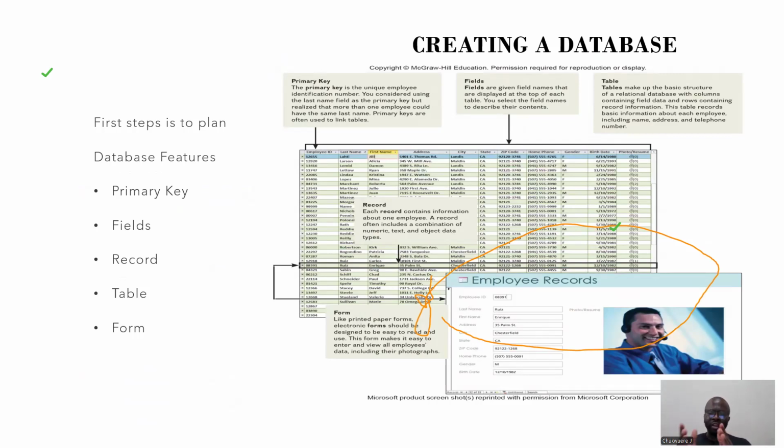this table. And in this data, it has some features. And one of the features you can see in your Microsoft Access database is what? Primary key. You have your primary key, you have your fields, you have your record, you have your tables, you have your forms.